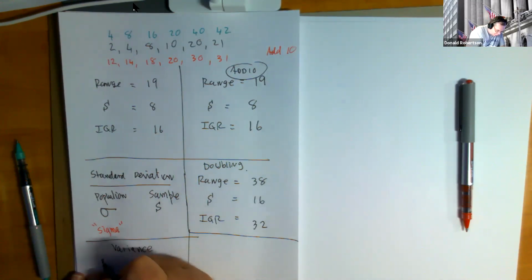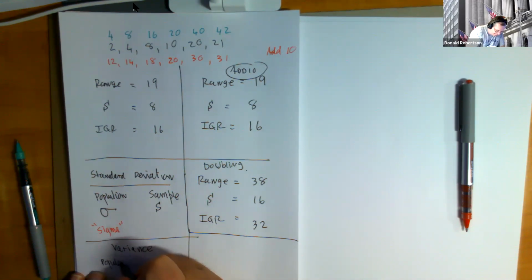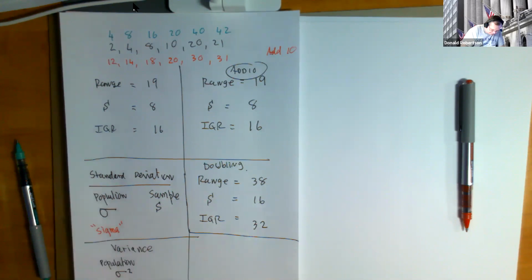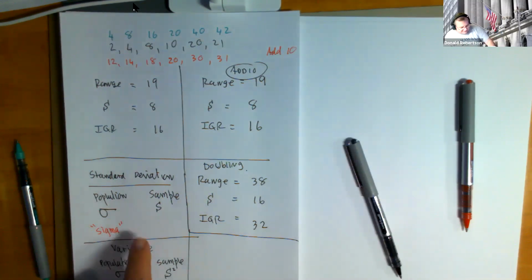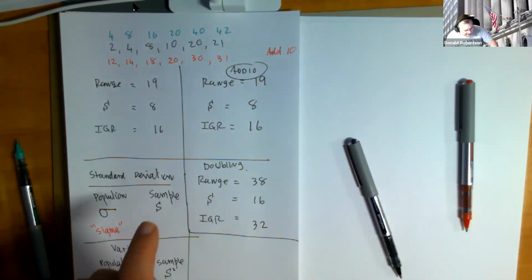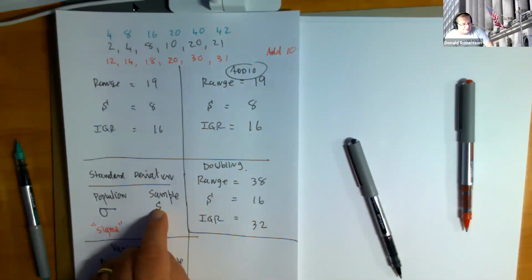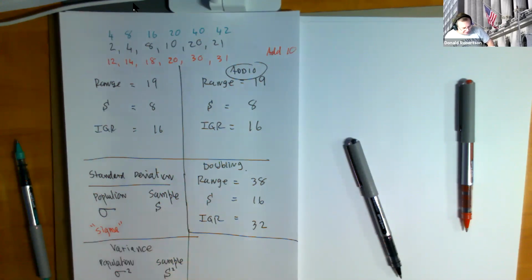Variance in the population is called sigma squared. And in the sample, it's called S squared. If you had a sample standard deviation of 10, you would have a sample variance of 100. You basically just take the standard deviation and square it.